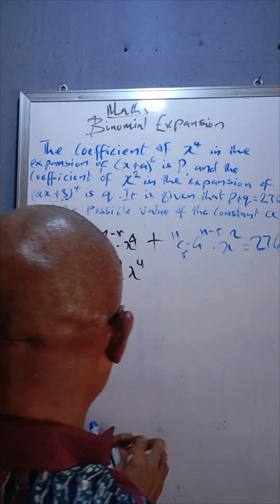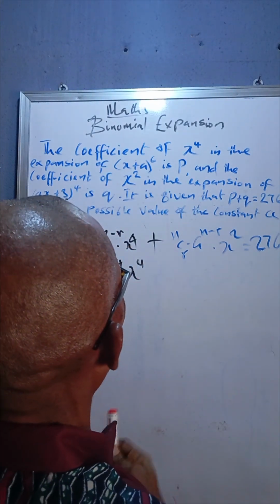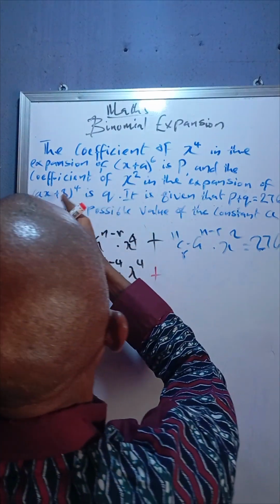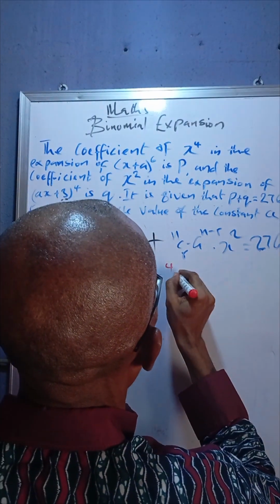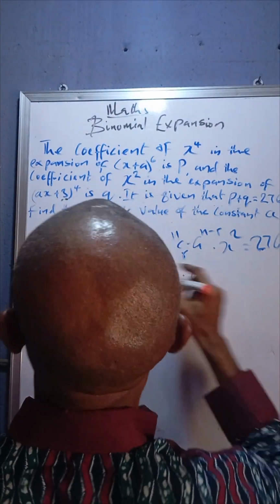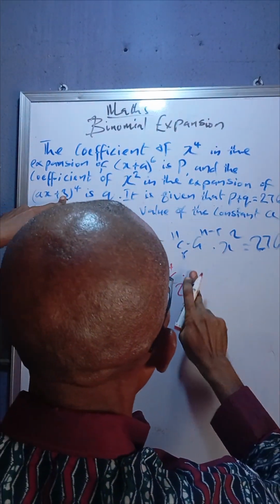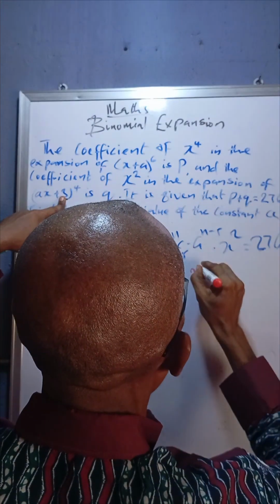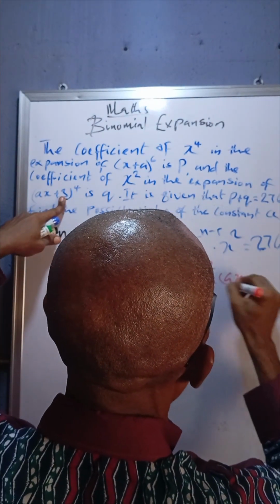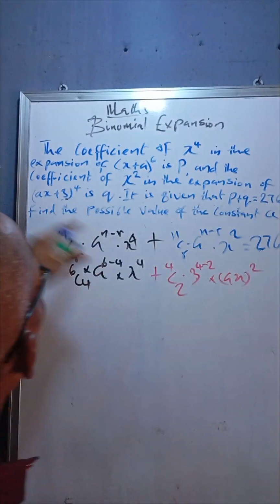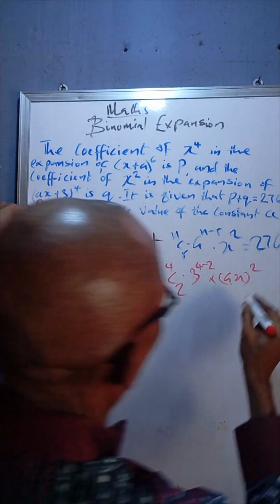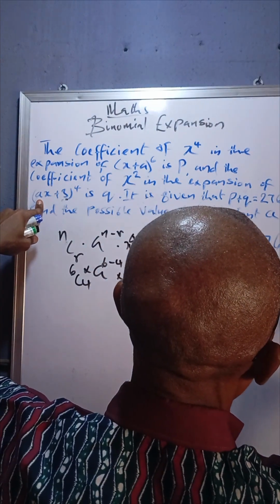For the second one, our n is 4, combination 2, times our a, which is 3, raised to 4 minus 2, times ax raised to power 2, because the x is with the a together. All this is still 276.